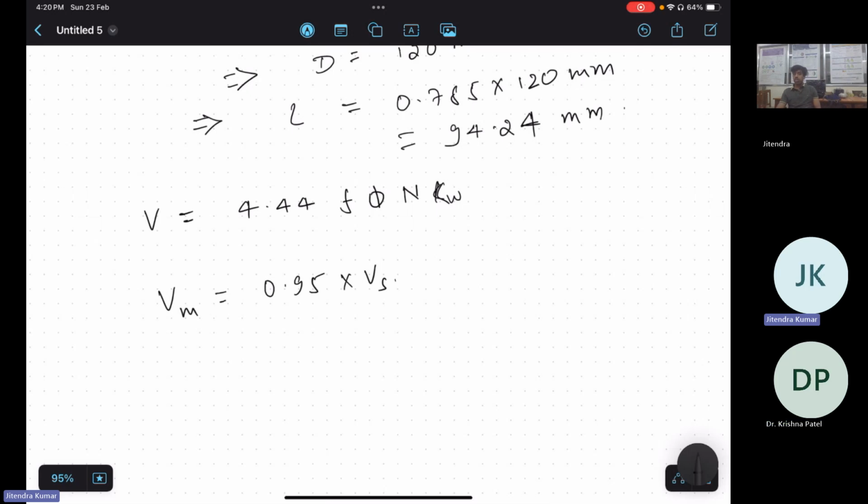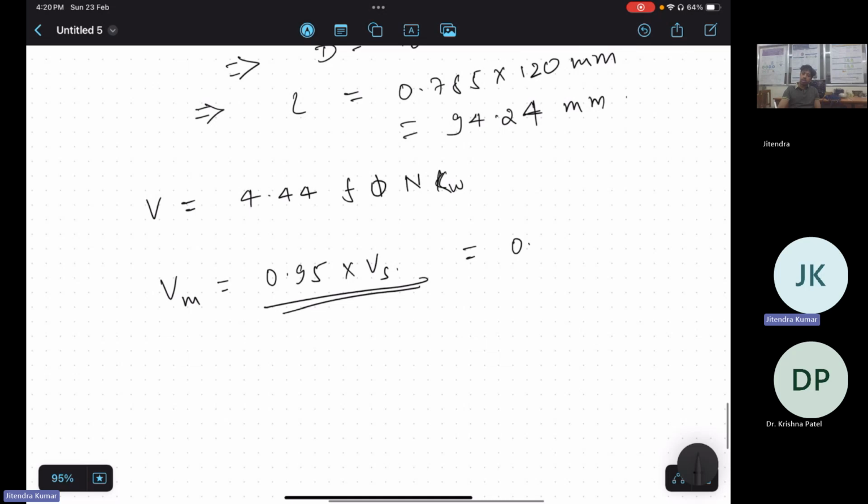Because the majority of windings are main winding, and auxiliary windings have very few turns compared to the main winding. In reference books, and also in the lecture, the professor has mentioned that you can go ahead with the main winding voltage at 95% of the supply voltage. So it is an assumption. If you increase the number of turns in the auxiliary winding, this will go down further.